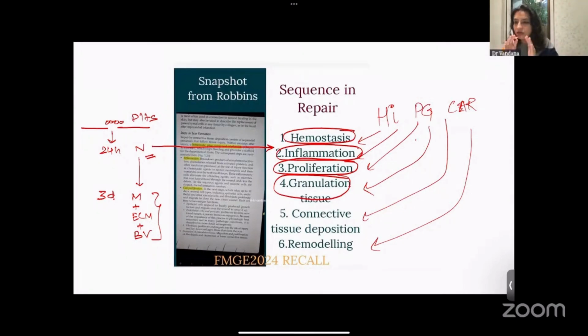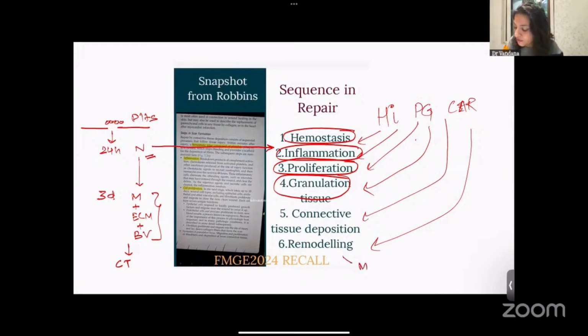Granulation tissue is forming, but now you need more collagen to come into action. So you require more extracellular matrix. What is this called? Connective tissue deposition. So this is followed by connective tissue deposition, and your body doesn't want extra connective tissue to be formed. So what will activate?